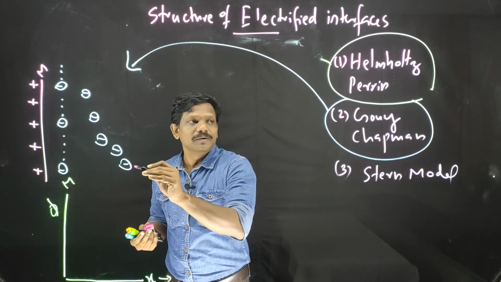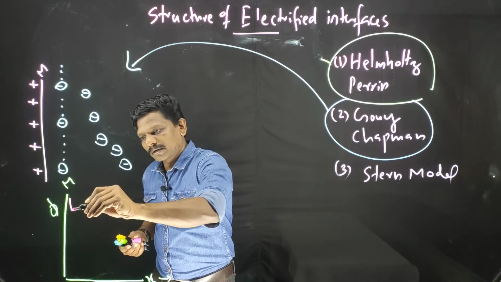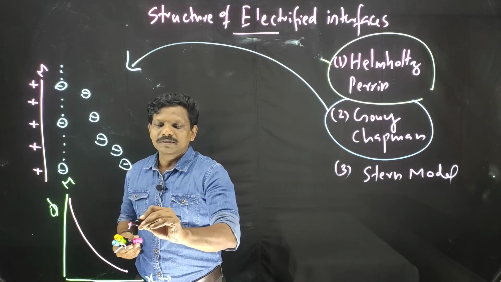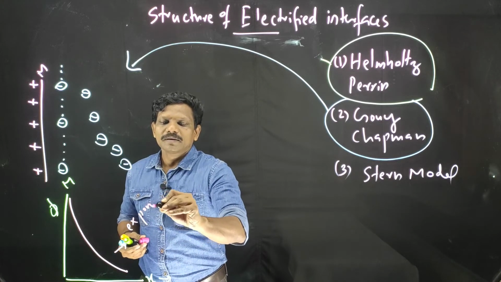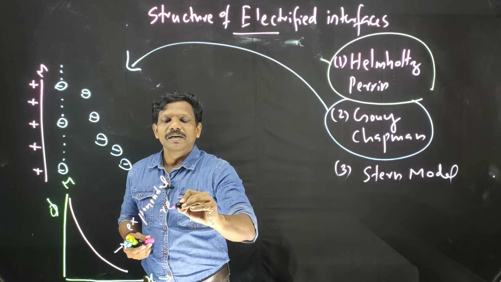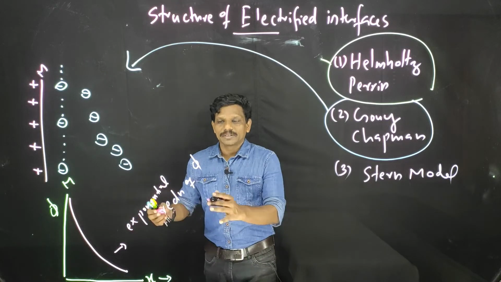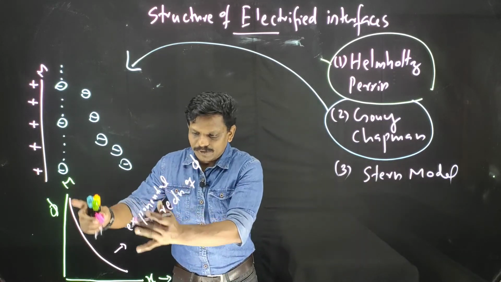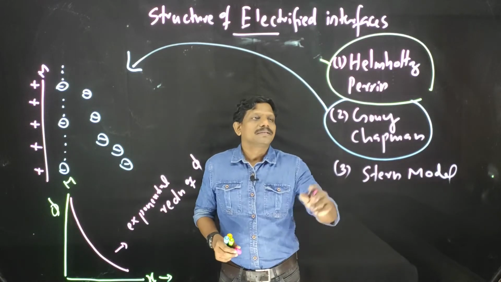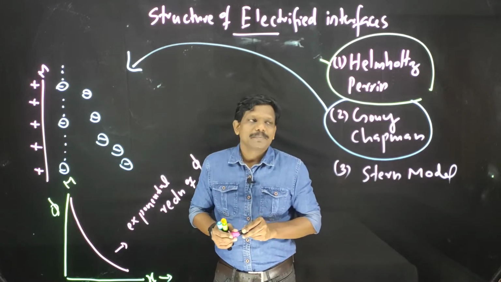It is not a rigid model. Simply he drew a curve like this. That means you can see this is an exponential reduction of potential, an exponential decrease. So this particular model is known as the Gouy Chapman model.